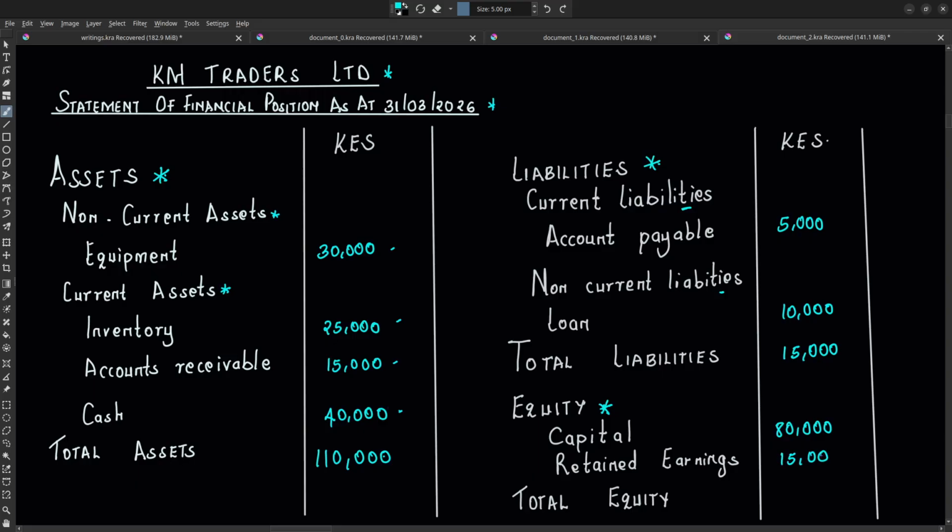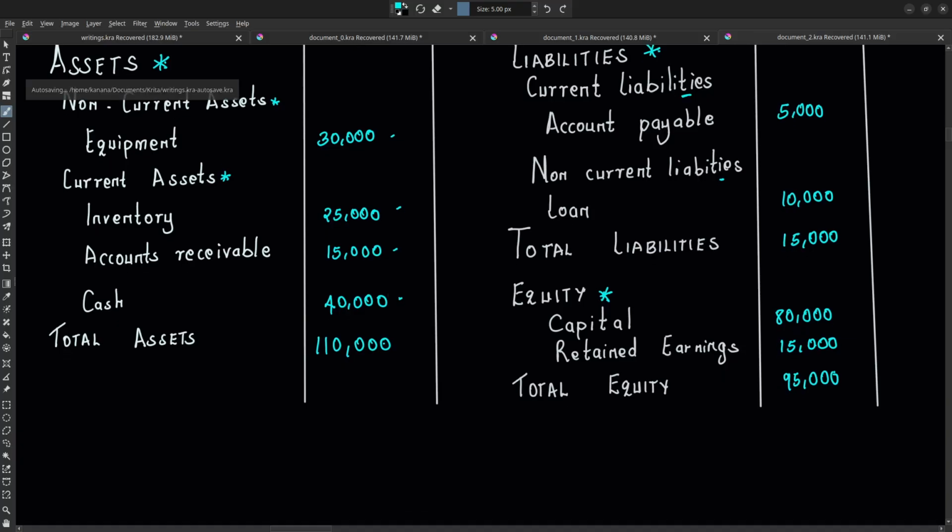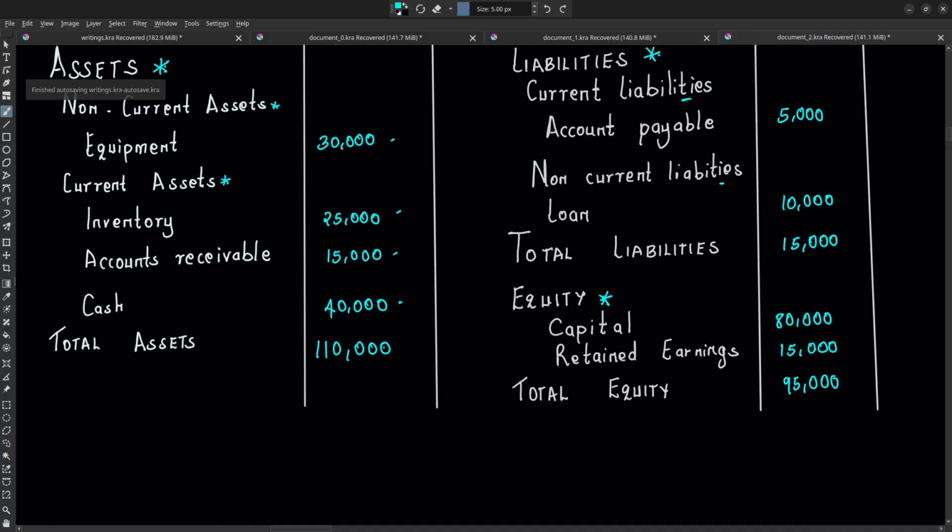So what is the total here? 80,000 plus 15 is 95,000. Now what is the total liabilities plus total equity? We are going to have 95,000 plus 15,000.